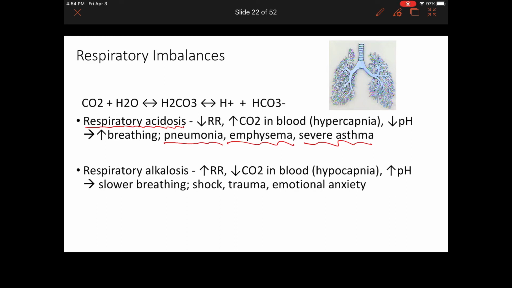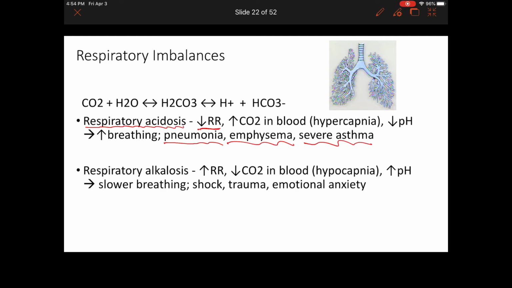These diseases cause a retention in CO2 within the blood and body fluids. These diseases also cause a reduction in the overall respiratory rate.